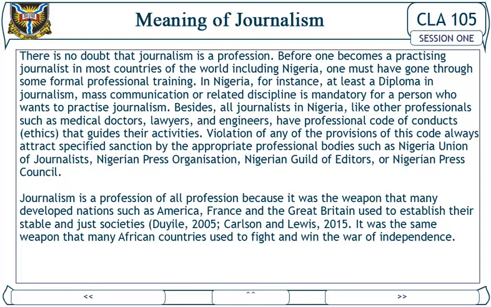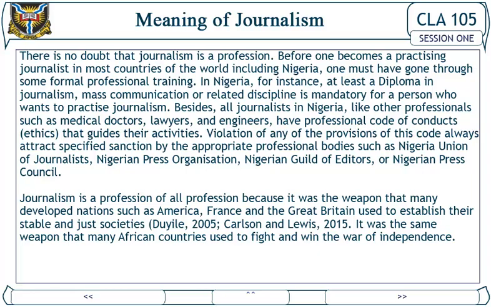Violation of any of the provisions of this code always attracts specified sanction by the appropriate professional bodies such as the Nigerian Union of Journalists, Nigerian Press Organisation, Nigerian Guild of Editors, or Nigerian Press Council.